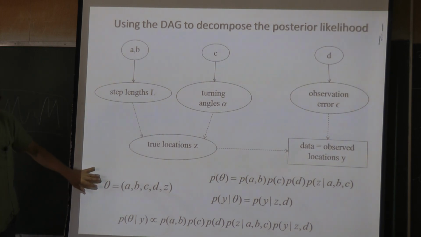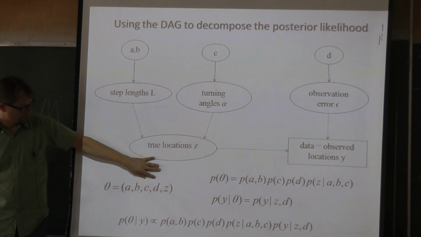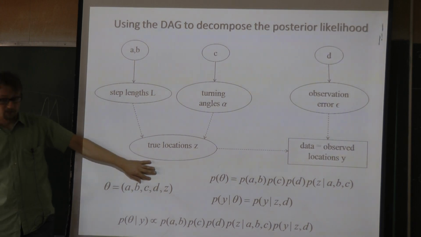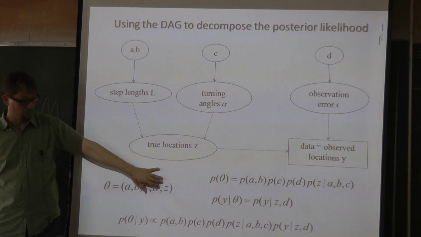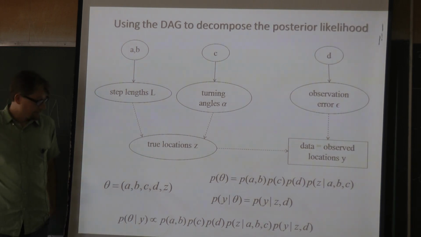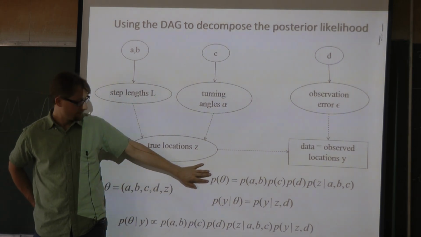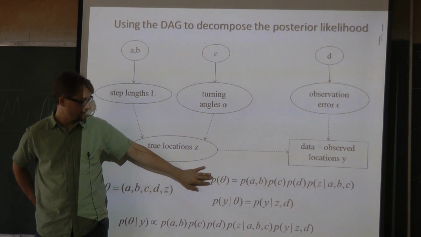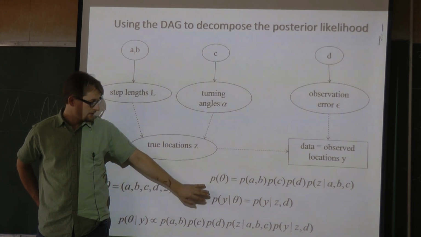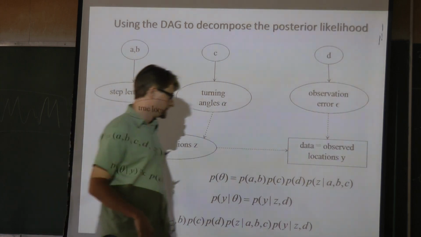So just to recall, in this case, the parameter vector theta contains these 4 real parameters A, B, C, D that we are interested in, but also all of these hidden true locations. And we have these 2 components that we need: the prior, the probability of theta by itself, and then the likelihood of the data. Okay?